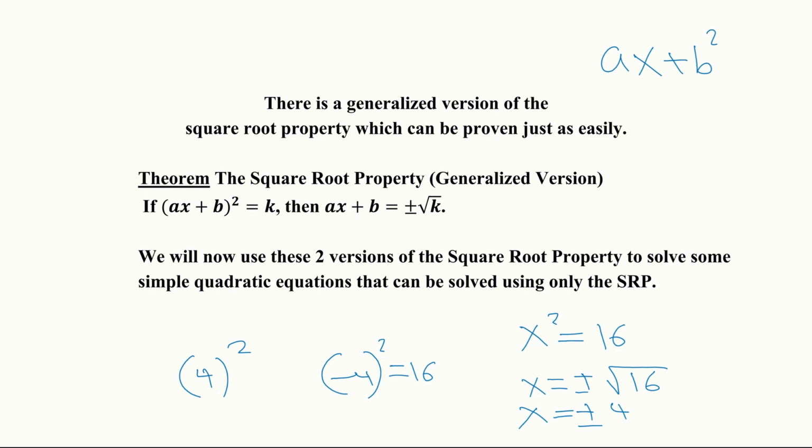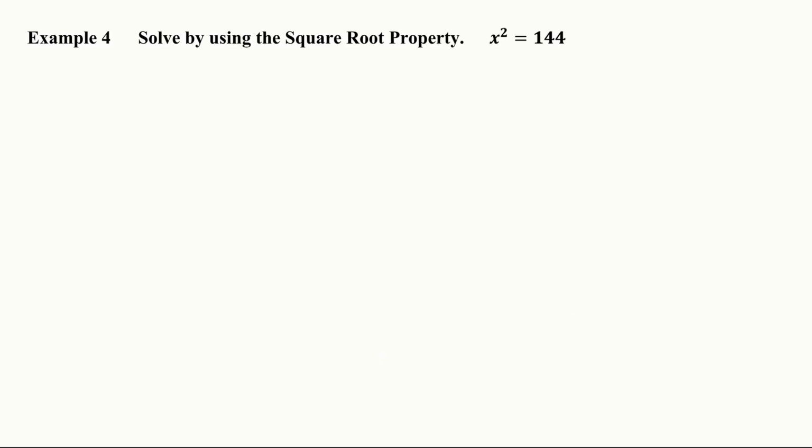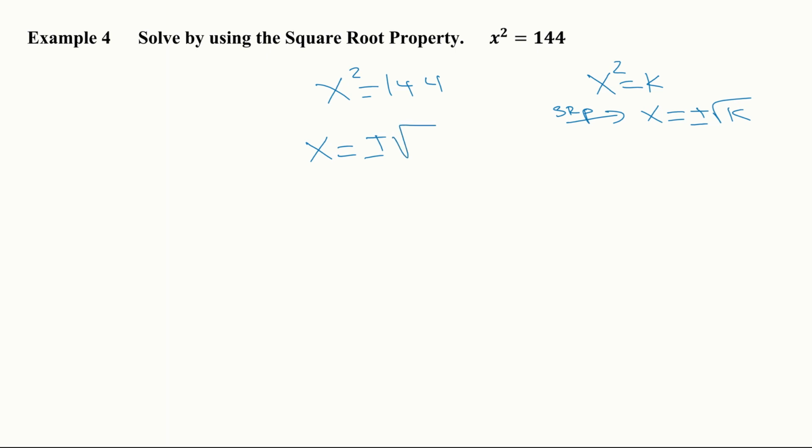So let's go ahead and take a look at some problems now. All right, so here we're going to solve by using the square root property. So we have x squared equals 144. We are in the form of x squared equals some constant. Therefore, we're going to apply the square root property. We know that x should be plus or minus square root of k, right? Now you get x equals plus or minus square root of 144.